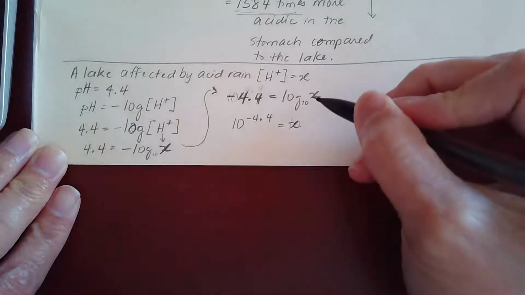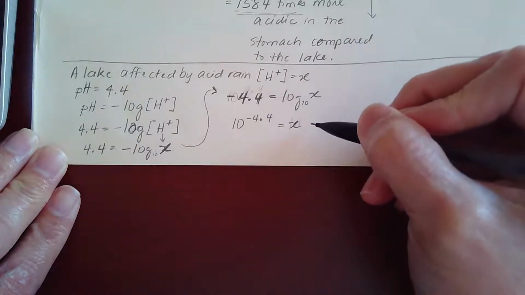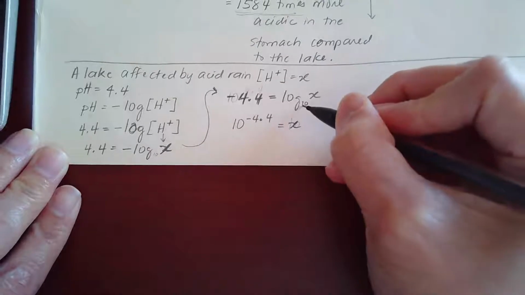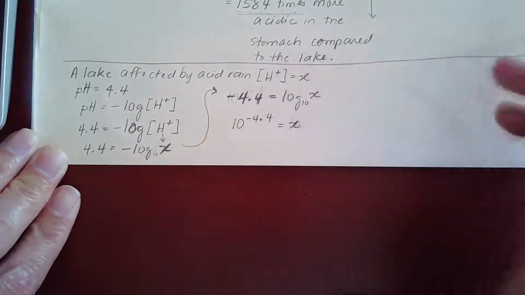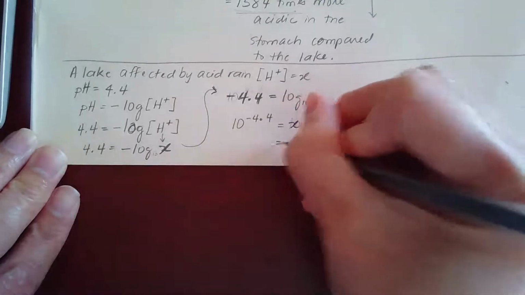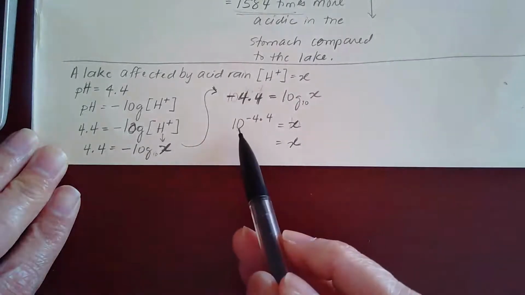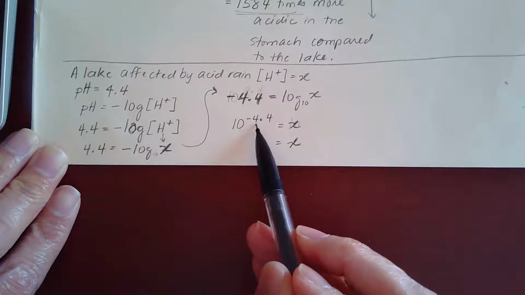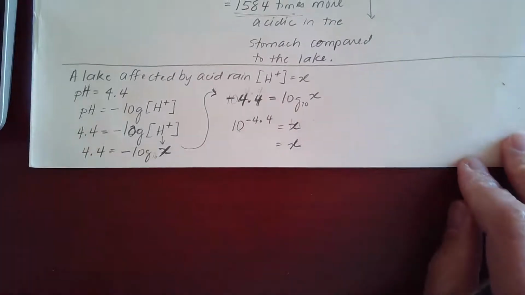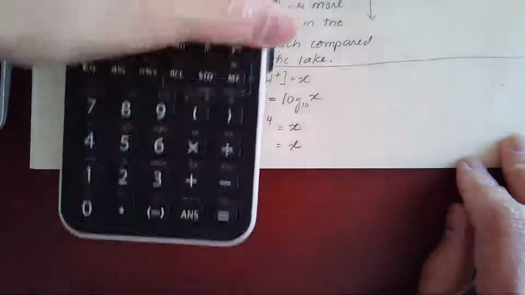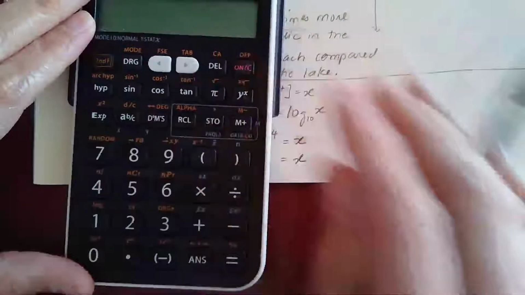And then we've changed the logarithm into exponential form. So it's 10 to the exponent negative 4.4 is equal to x. Now, when we get to that part, we can just grab our calculator and calculate what's 10 to the negative 4.4. And that's going to be a really, really small number.